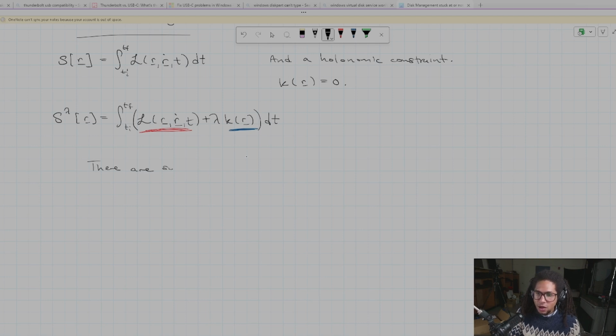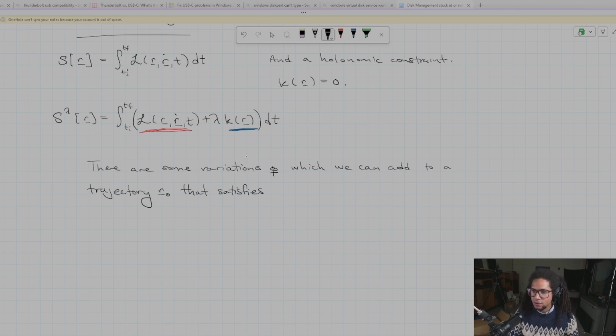There are some variations phi which we can take, or which we can add to a trajectory R naught that does satisfy K of R naught is equal to 0. So in other words, for all t.